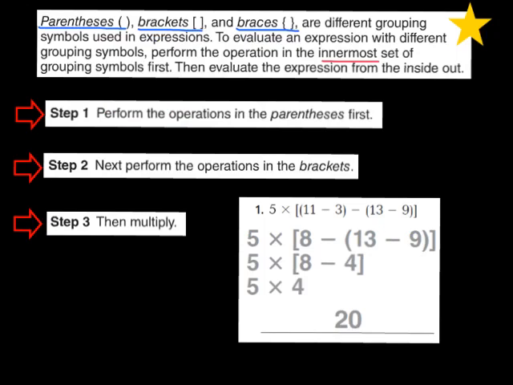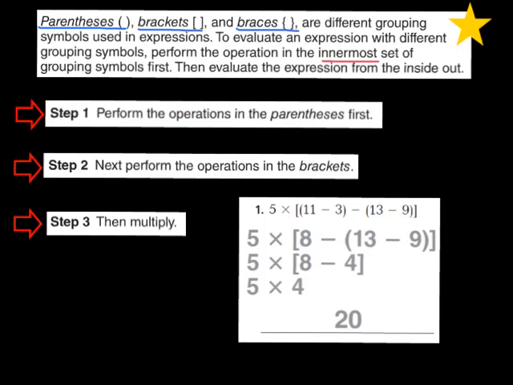Once again, when you begin to evaluate the expression, you have to perform the operation in the innermost set of grouping symbols first. In this problem, the parentheses are the innermost set of grouping symbols. So I'm going to follow step number 1, and step 1 says perform the operations in parentheses first. So we're going to first evaluate 11 minus 3.